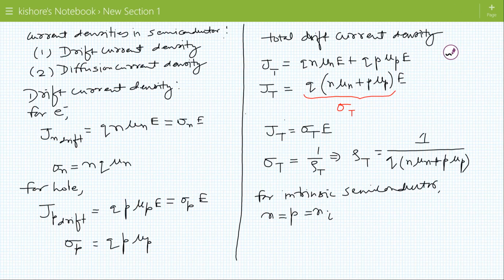So the intrinsic conductivity is 1 by rho I, that is intrinsic resistivity. This will be q Ni (mu n plus mu p).